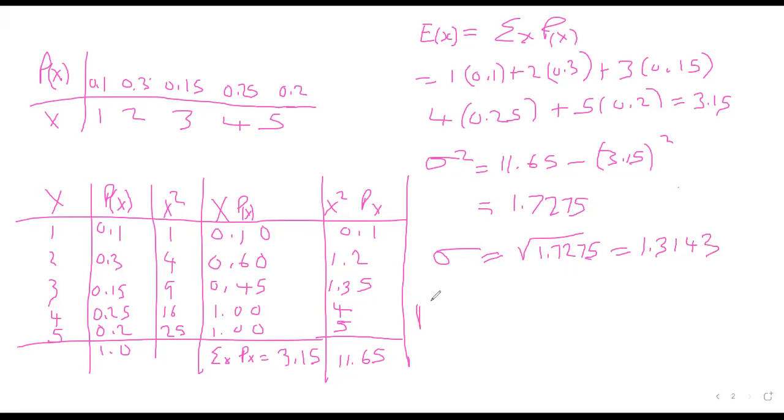Then you're asked to find the probability greater than 3. Which probabilities are we looking at? Greater than 3, we are looking at the probability of 4 and 5.